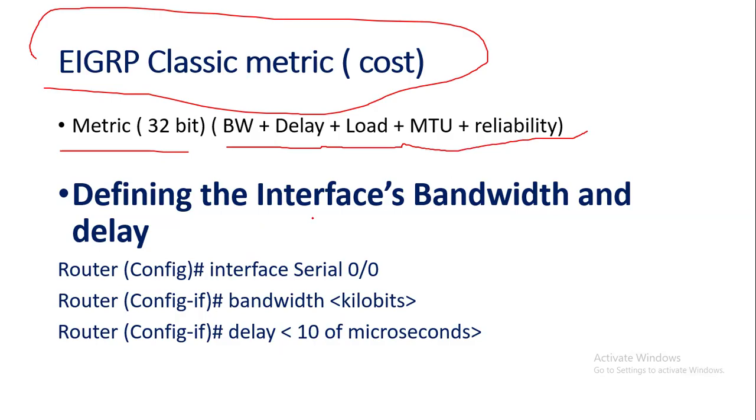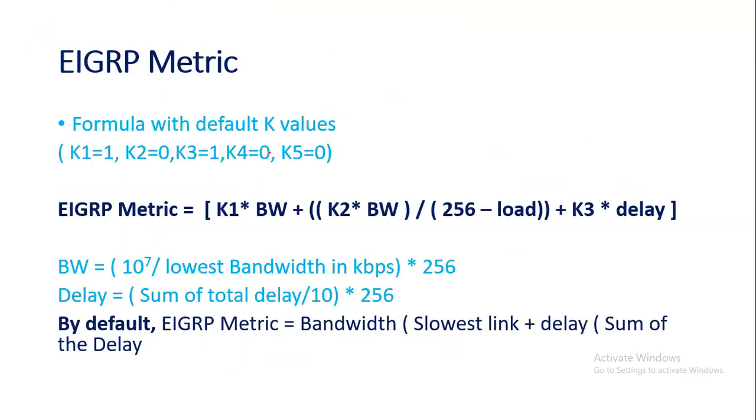If you want to change them, on the particular interface you define the bandwidth and you define the delay. You can do that for the particular routers, and we have some formulas for EIGRP.